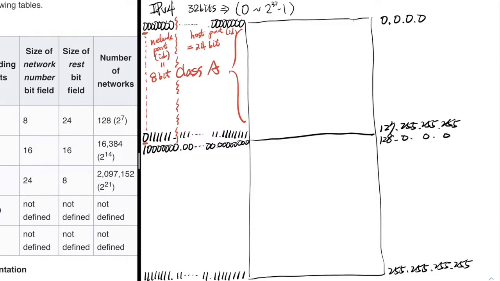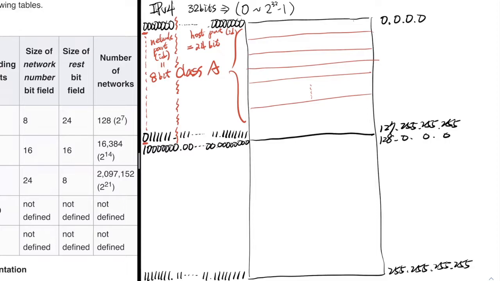As we mentioned before, each network part should be unique, and each network part can be assigned to a subnet. So we can divide the entire class A spectrum into several different subnets.